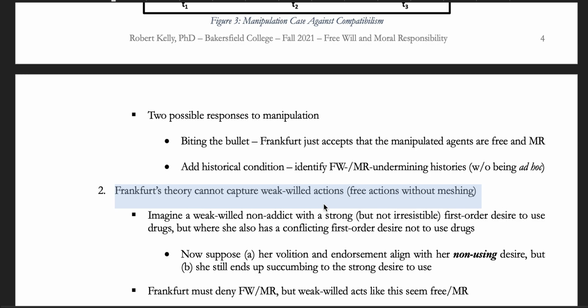So imagine a weak-willed addict has a strong, not irresistible, but really strong desire to use drugs. Or like my example, someone on a diet who has a really strong desire to eat cheesecake. But they also have a conflicting desire to not use drugs or not eat the cheesecake. Now suppose the volition and endorsement align with not using or not eating.